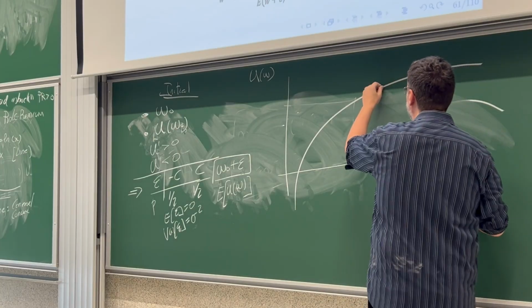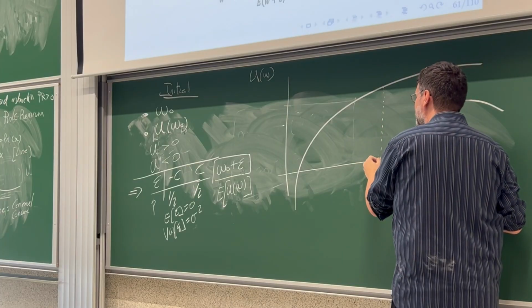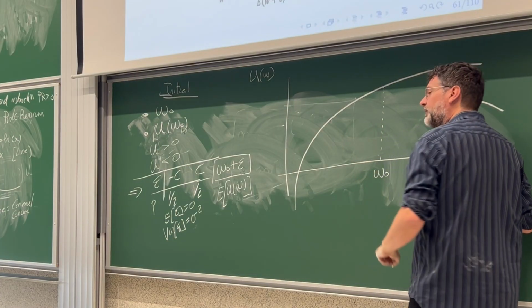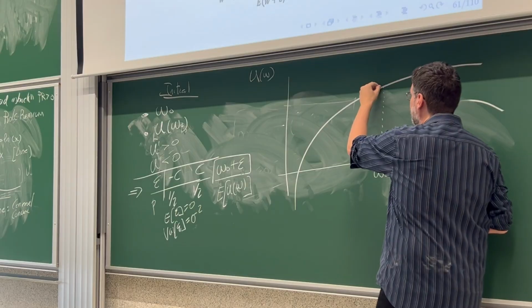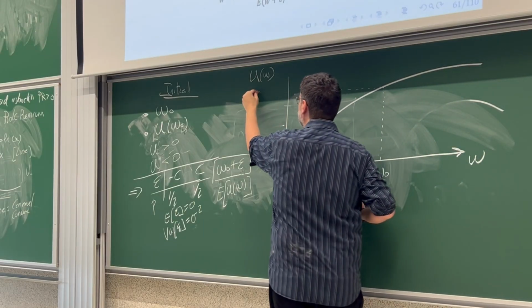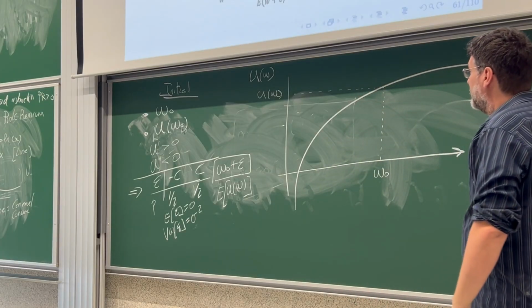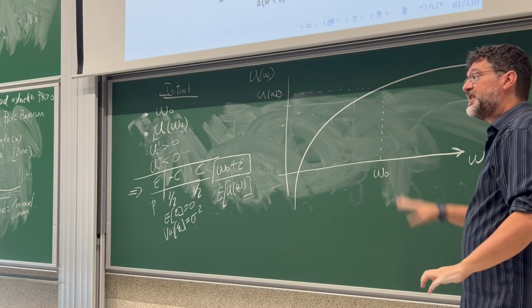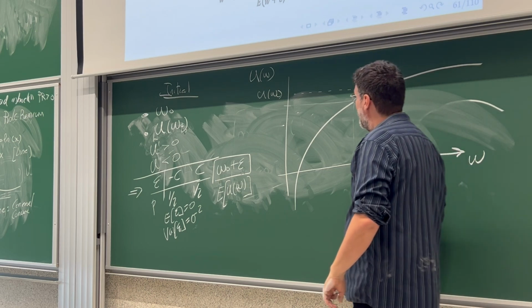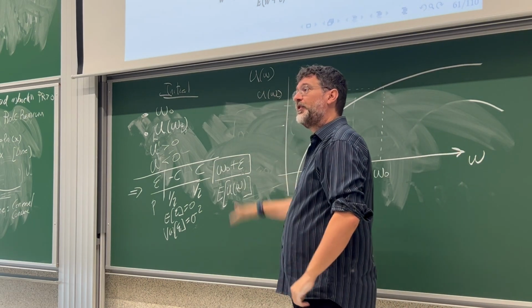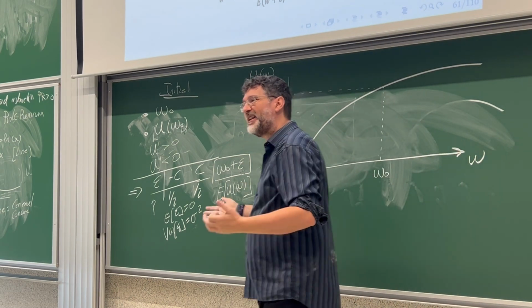And I'm going to take this area here. That's going to be the initial wealth. This is the utility of omega 0. This is the initial state. He's happy, given this as well. You know that the units of the utility don't matter.